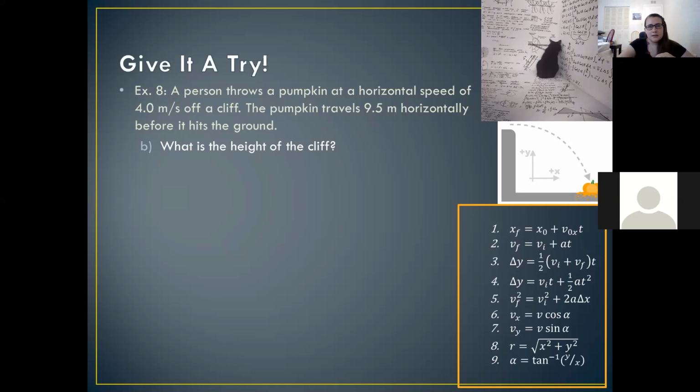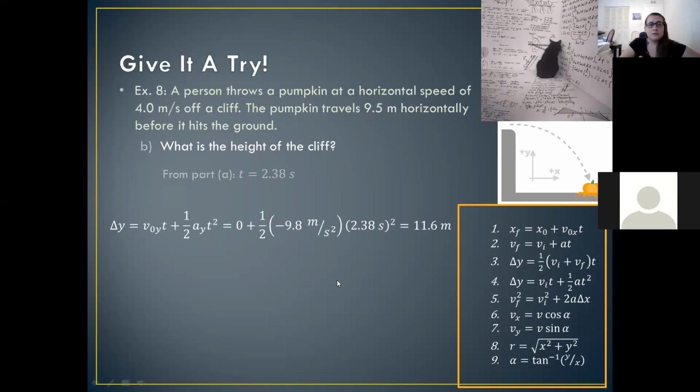Okay. So we know from part A, the time is 2.38 seconds. We're going to need to use that time for this part as well. In this case, the best equation to use would be equation number 4, because we know the acceleration in the y direction, gravity. We know the time now.